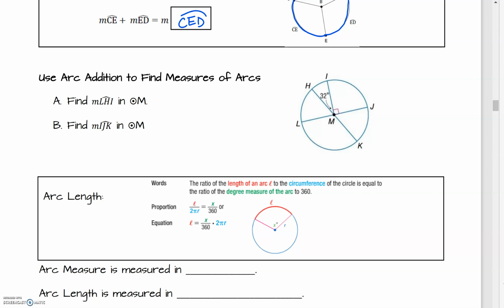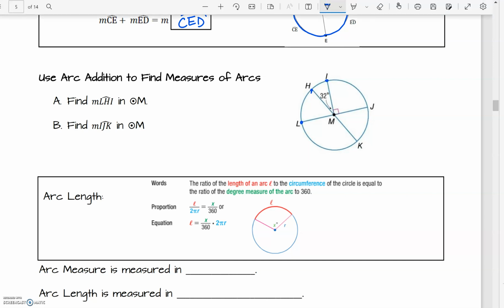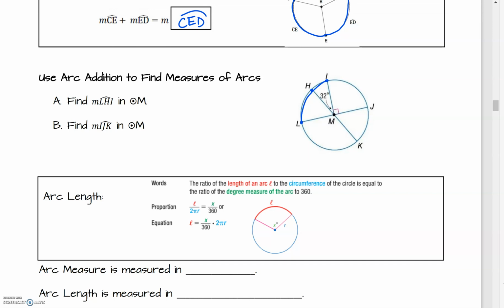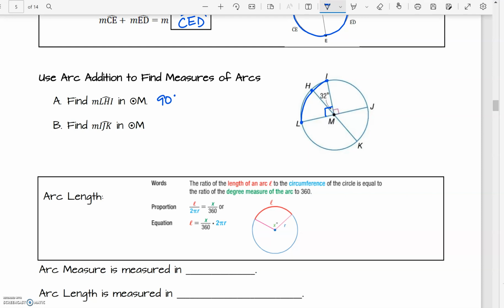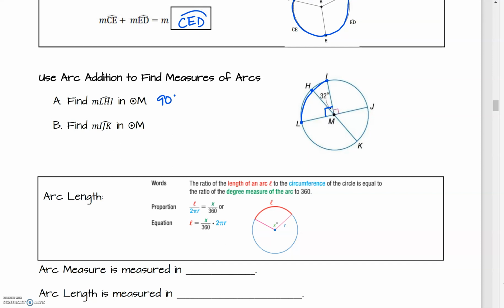So here we're going to find LHI, so this little section here, which it looks like, I go the right way, LHI, yes. If this is 90, then this right here, that's 90 degrees, because they form a semicircle.